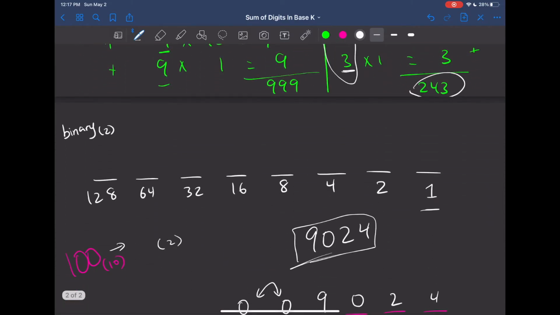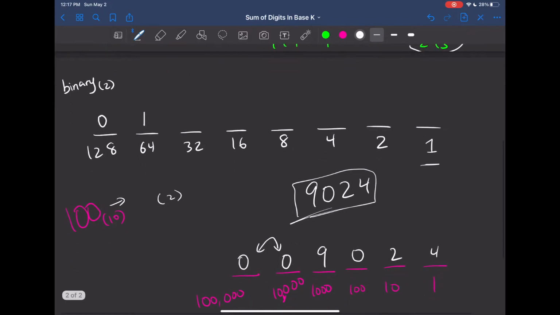But now in binary, we can represent each digit as a 0 or a 1. So at 128, I'm going to put a 0. But now at 64, I'm going to put a 1, since this is the biggest number that we can represent 100 as.